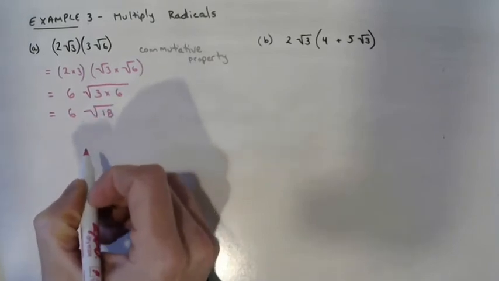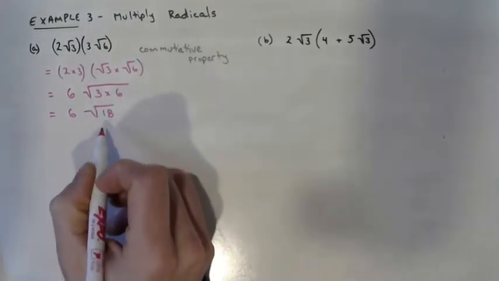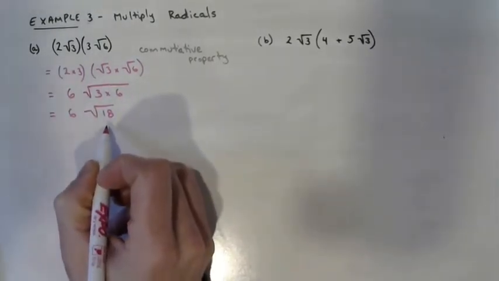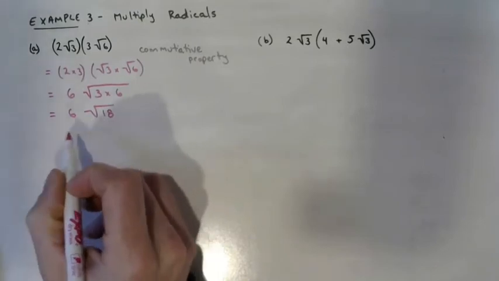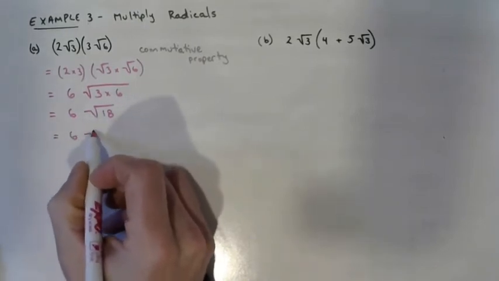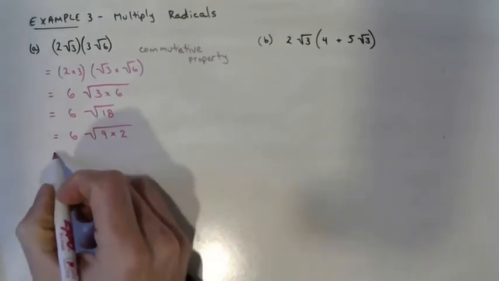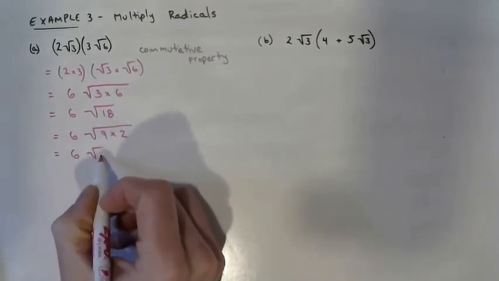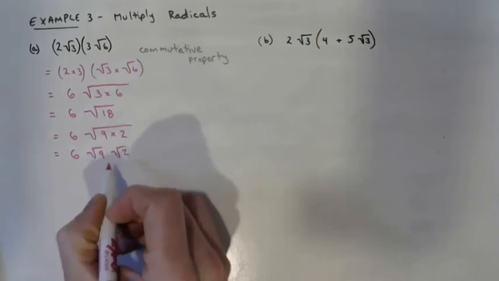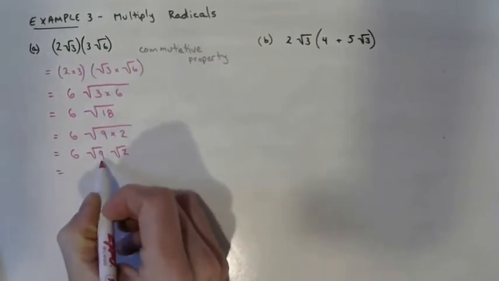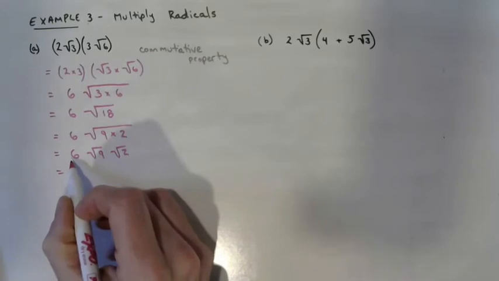But I end up with radical 18. And radical 18 can be simplified using a square number. Okay, radical 18 is the same as radical 9 times 2, which gives me 6 times radical 9, radical 2. Radical 9 is 3. 3 times 6 is 18.